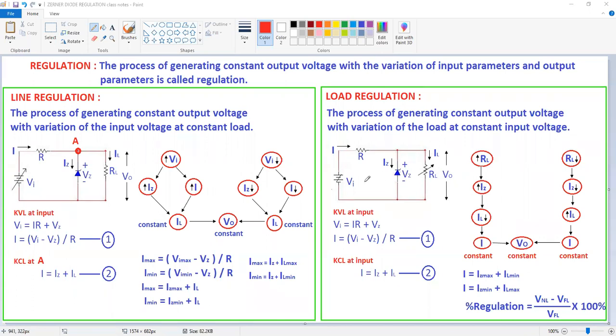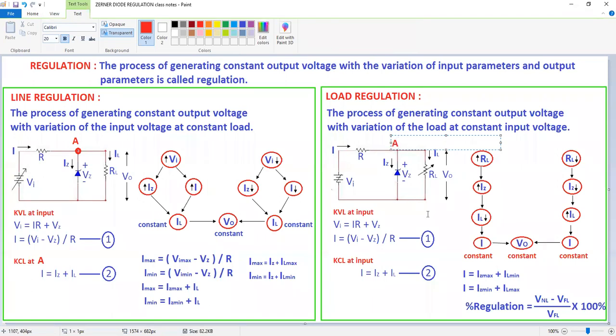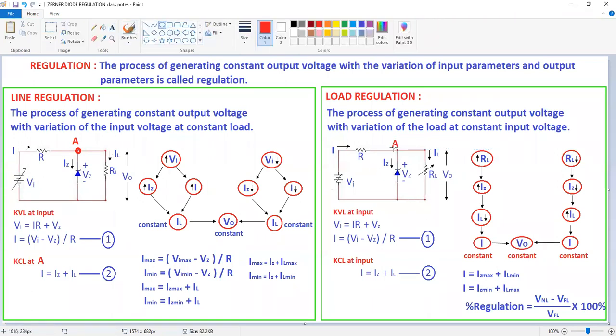Now here, again I am writing the same equations.